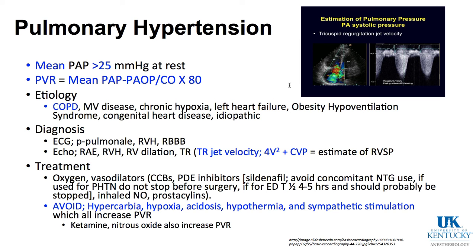The top right graphic shows the right ventricle and the right atrium with color flow Doppler, as well as a CW Doppler picture across the tricuspid valve showing the jet velocity. And this jet velocity correlates with the pressure in the RV systolic pressure and pulmonary artery systolic pressure. And the higher the velocity, the higher the pressure.